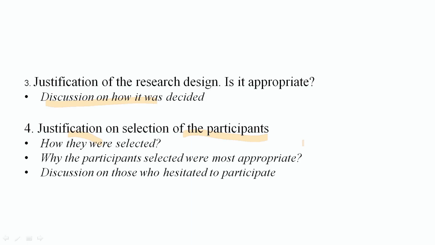Some may agree, some may disagree, some may not even entertain you, they hesitate to reply to your questions. So, the first question that comes is, what kind of sampling techniques did you adopt? We see probability sampling and non-probability sampling. In qualitative research, we use purposive sampling, which is meant for identifying the respondents who can give responses that address the research questions.